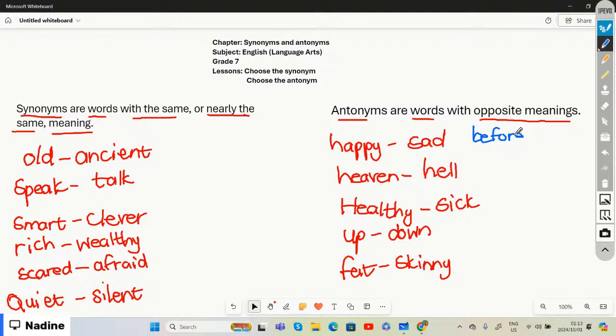What is the opposite of before? The opposite of beautiful. The opposite of clean. I'm actually giving you simple words. The opposite of hard. Opposite of hot.